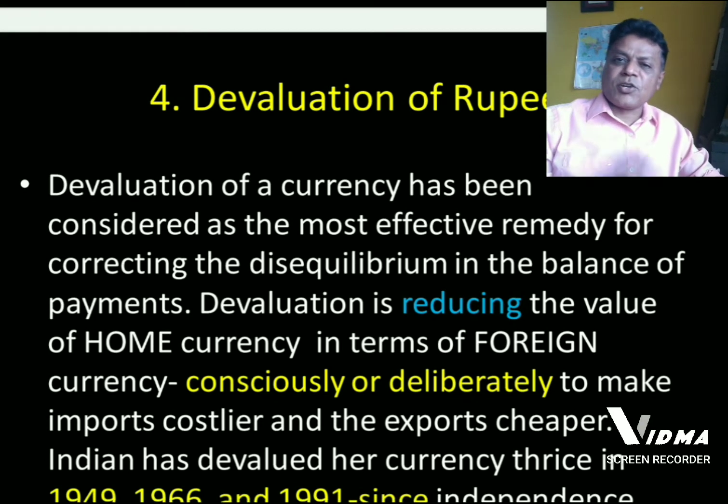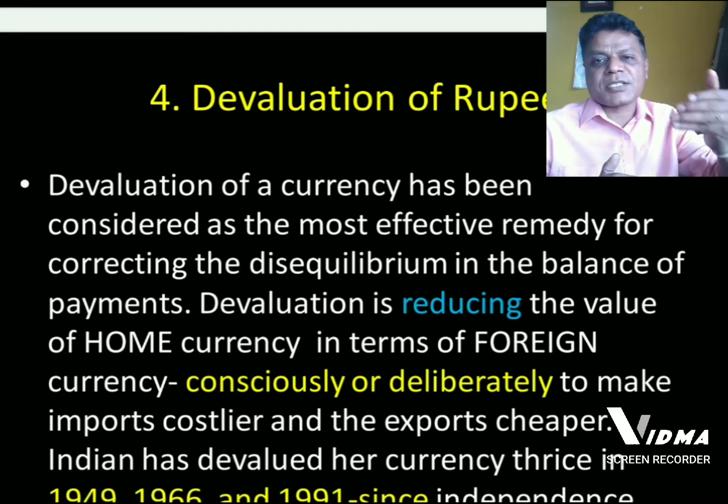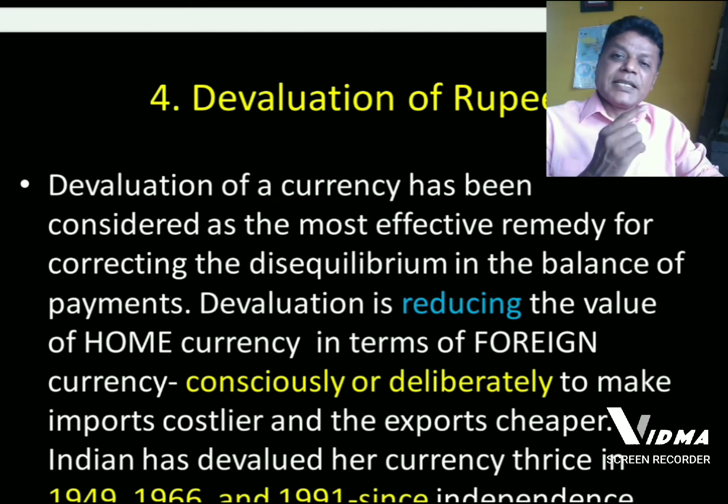This slide is copied from the previous explanation. It speaks about the meaning of devaluation, that is reducing the value of home currency in terms of foreign currency. Thereby, home currency becomes cheaper and foreign currency becomes costlier, and that leads to an increase in demand for home currency by the foreigners.